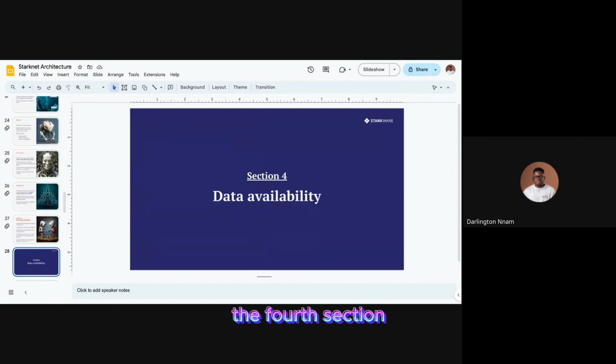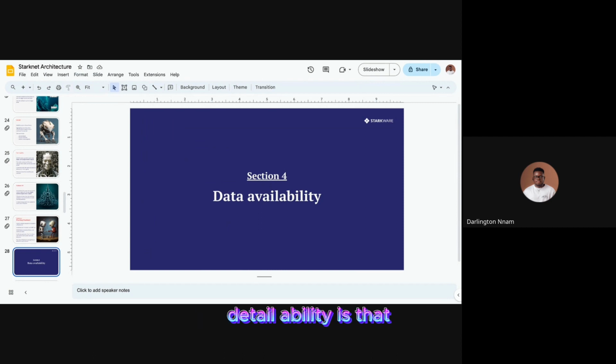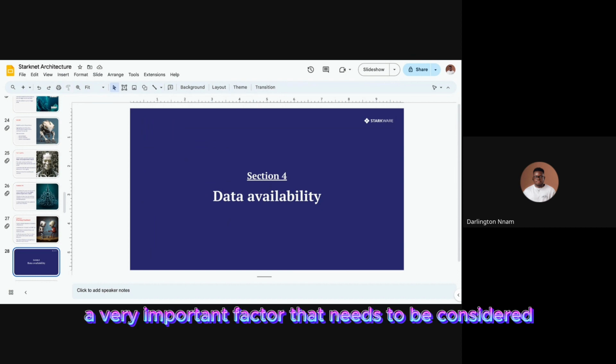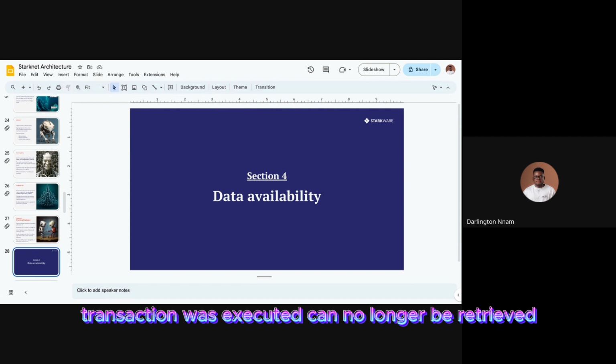So the fourth section we're going to be looking at is data availability. When it comes to rollups, data availability is a very important factor that needs to be considered, because imagine if for some reason the state of Starknet after a transaction was executed can no longer be retrieved.